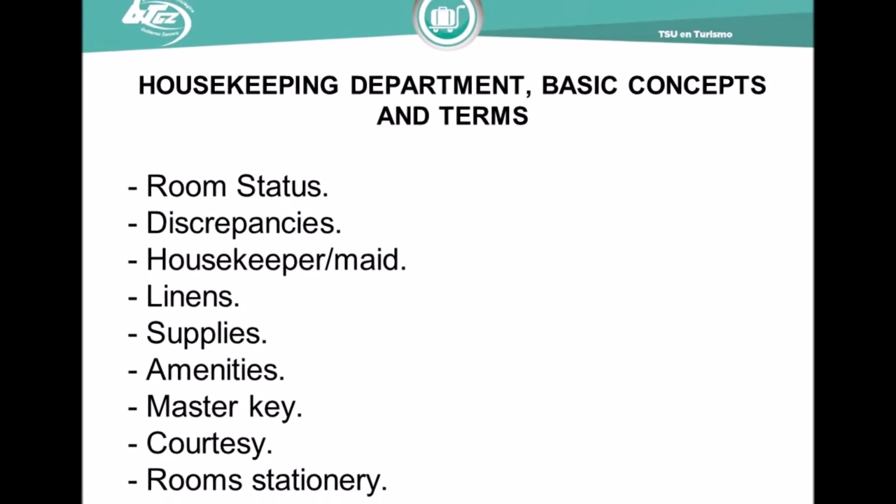And in this class, we're going to talk about some basic concepts and terms related to the housekeeping department. Let's see the following ones. Well, the first one of them is the room status term. What is the room status?